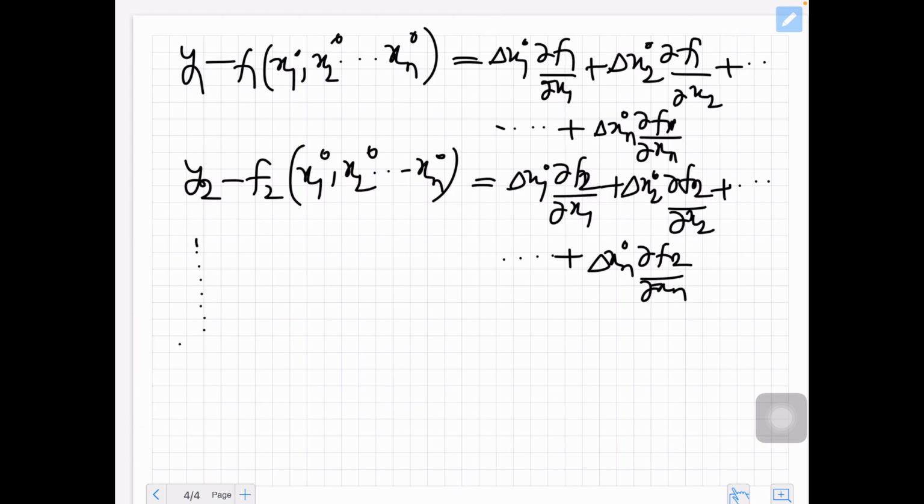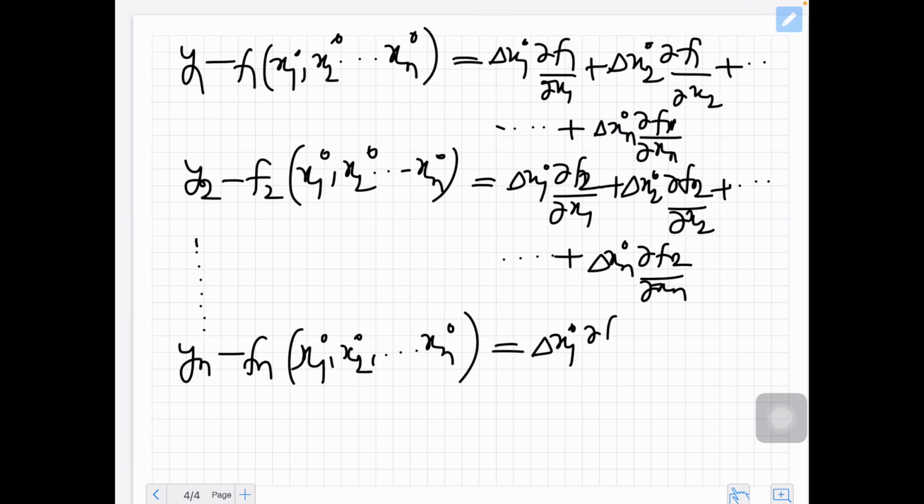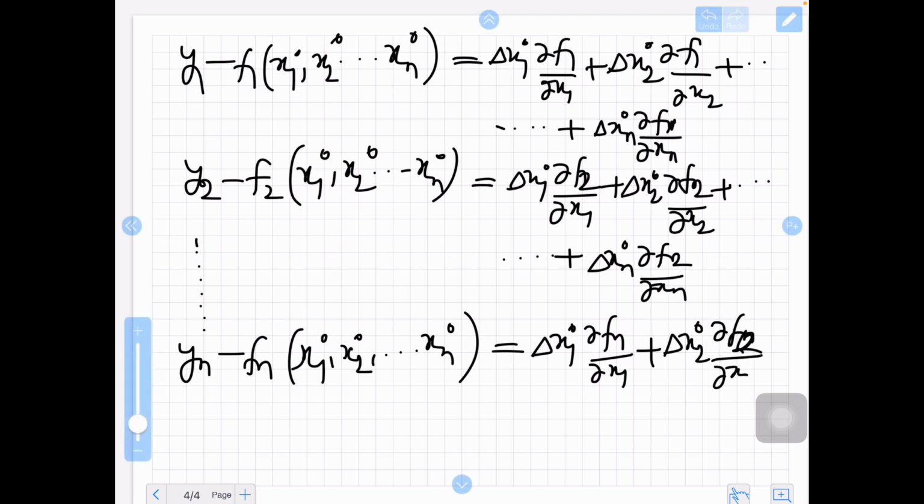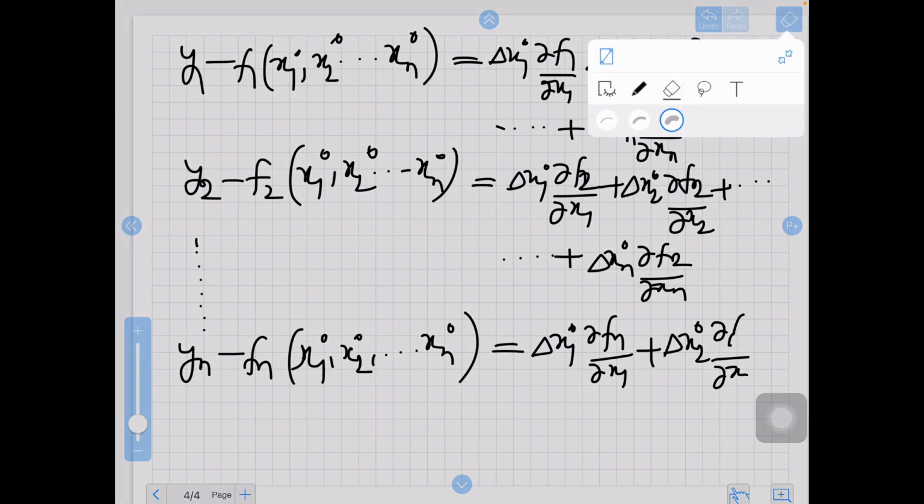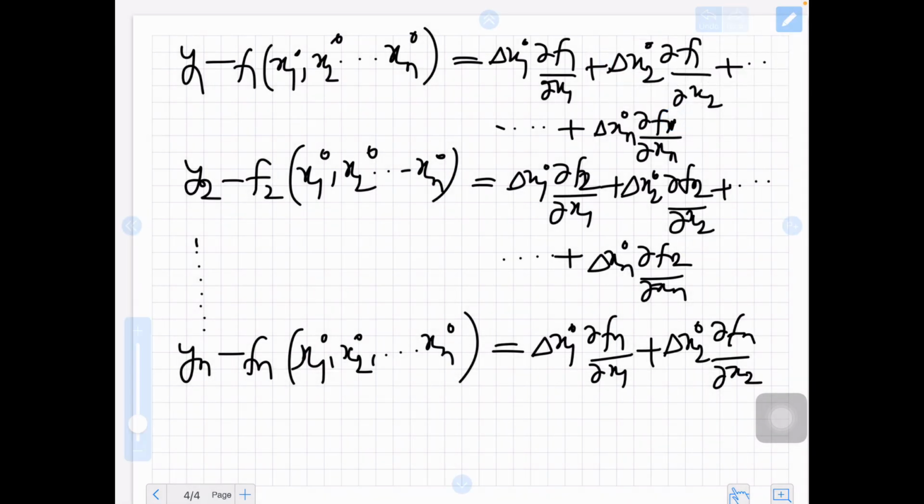Similarly we can write till yn minus fn of x1 naught, x2 naught, etc., xn naught, is equal to delta x1 naught dou fn by dou x1, plus delta x2 naught dou fn by dou x2, plus etc., plus the last term, delta xn naught dou fn by dou xn.